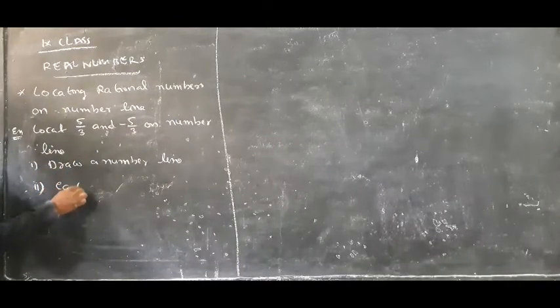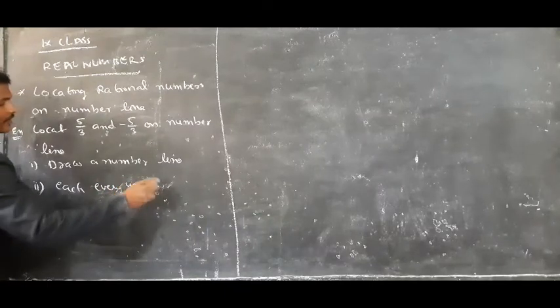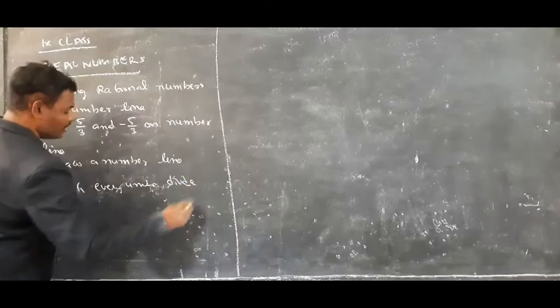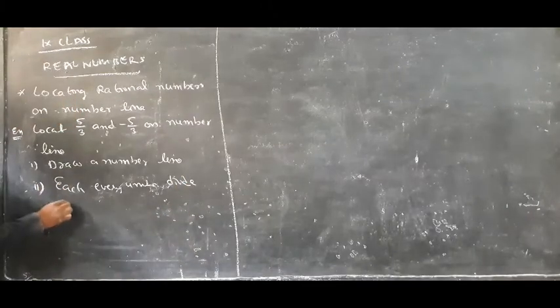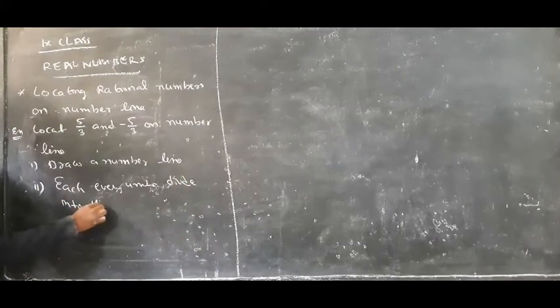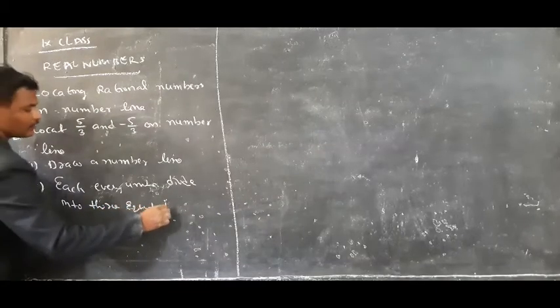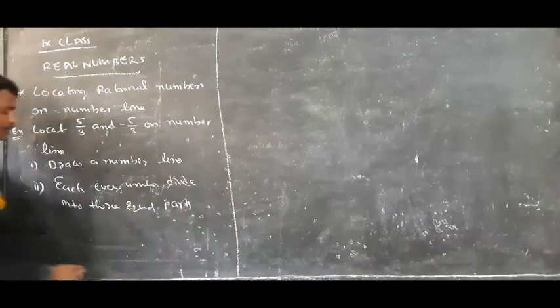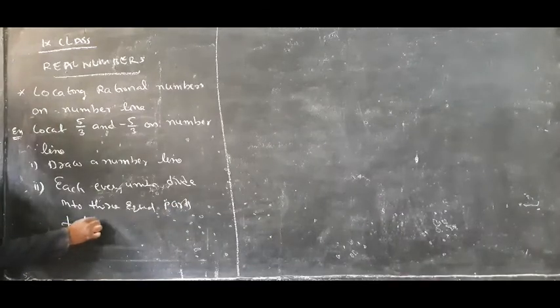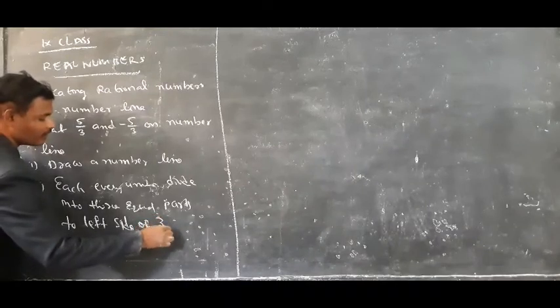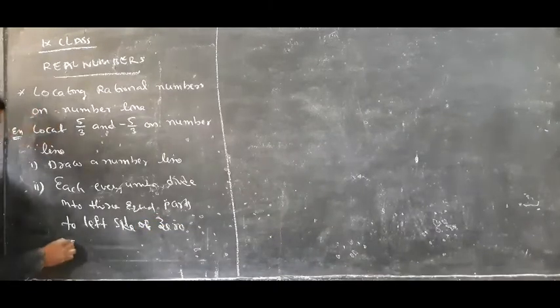Each and every unit is divided into 3 equal parts, to the left side of 0 and also to the right side of 0.